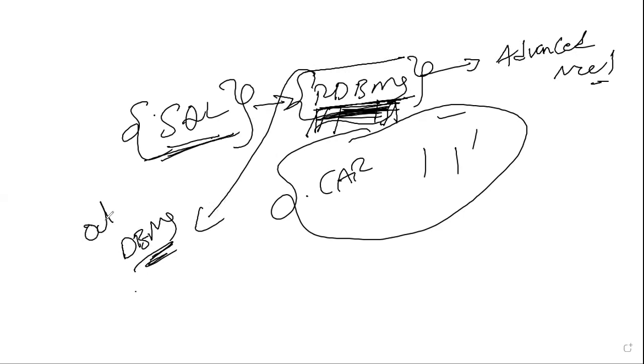This is an outdated one. After this, the successor is RDBMS only. First of all, we'll learn about DBMS, then we will learn about RDBMS. We'll discuss why we are not using DBMS, why we are using RDBMS instead of DBMS. Today's concept is just this.